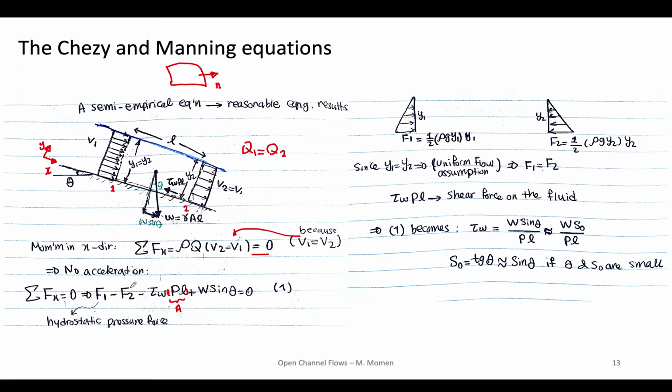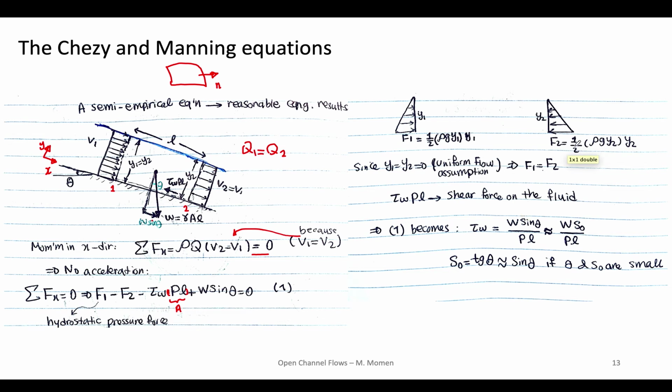So now let's see what these hydrostatic pressure forces are. For these two, this is Y1 and this is Y2, two sections. We can calculate them. F1 is going to be 1/2 of rho g y1, this value here, multiplied by this y1, so this is like the area of this.